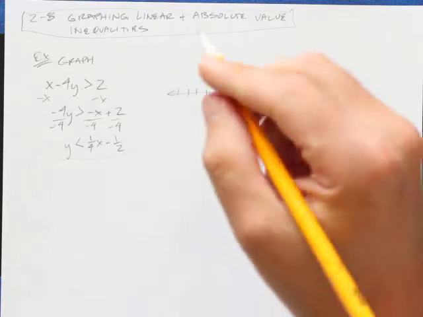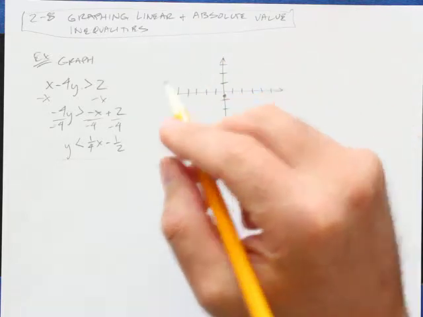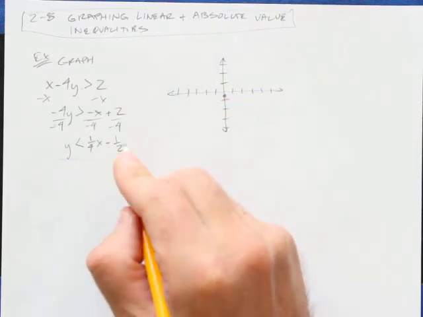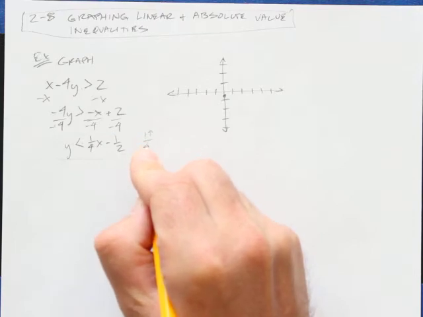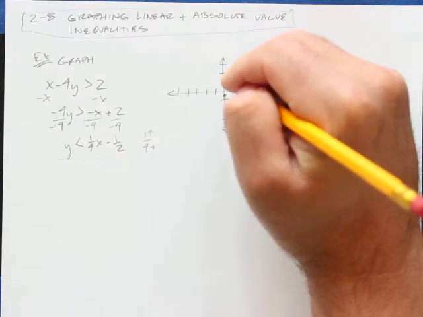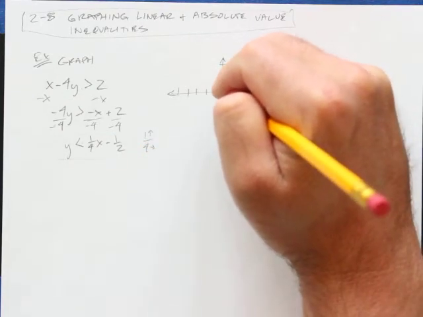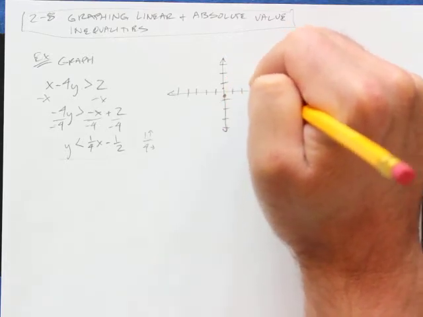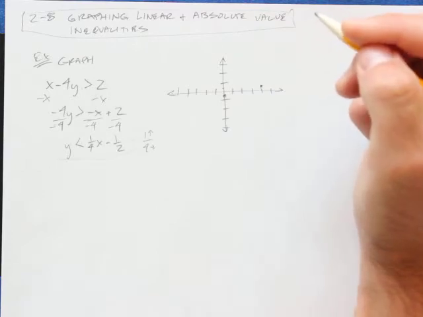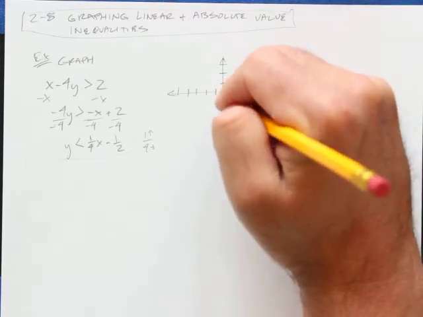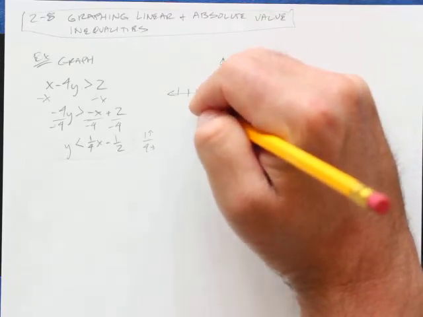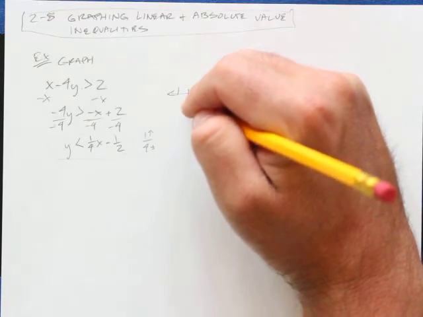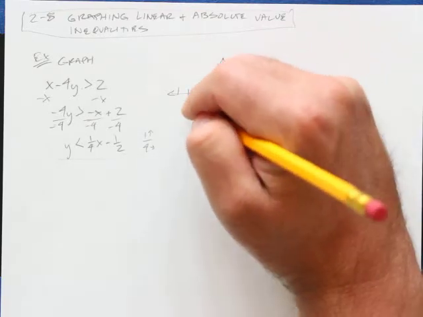Now, I need to look at my slope, which is 1/4. So if I go up 1 and to the right 4, that's my slope. So I go up 1, to the right 4, 1, 2, 3, 4. There's a point. And then I can also go down 1 to the left 4, 1, 2, 3, 4. There's my other point. Now I have 3 points. I can graph this thing.